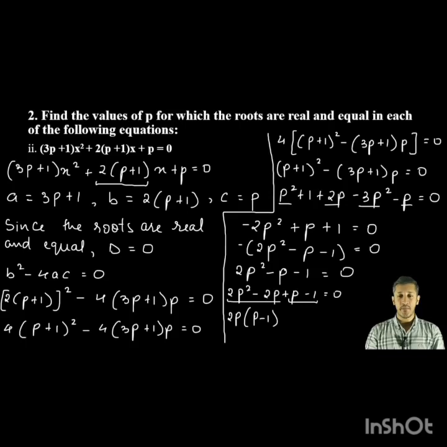From the second group, we have plus 1 common and we'll get p - 1. Now we can take p - 1 common, and in the second bracket we'll be left with 2p + 1. So we have (p - 1)(2p + 1) = 0.